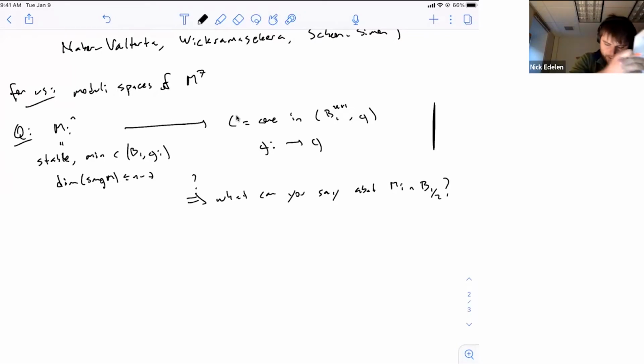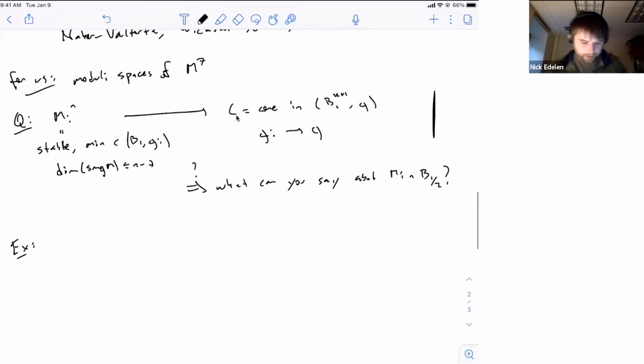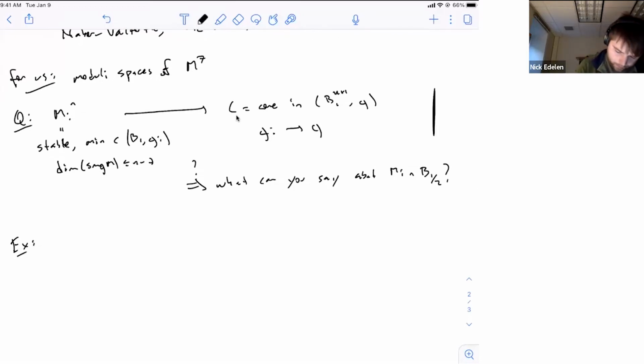Let me give you a very important example, which is probably familiar to many people. Take the Simons cone in R^8, which is a minimizing cone.